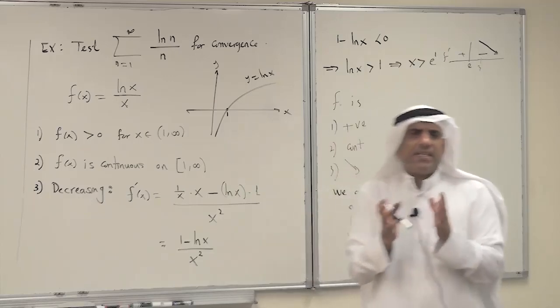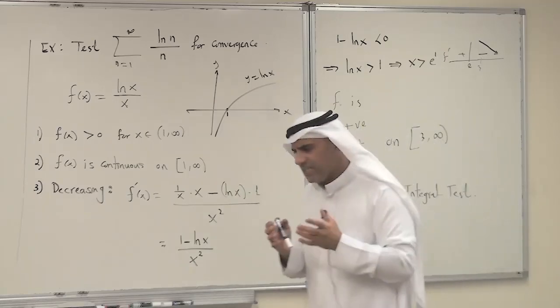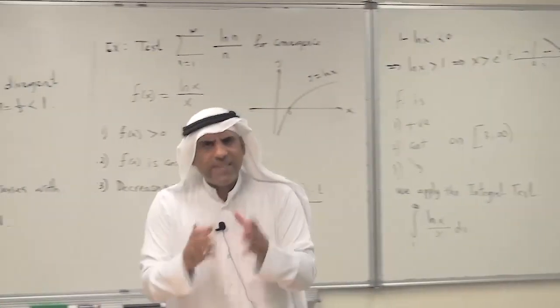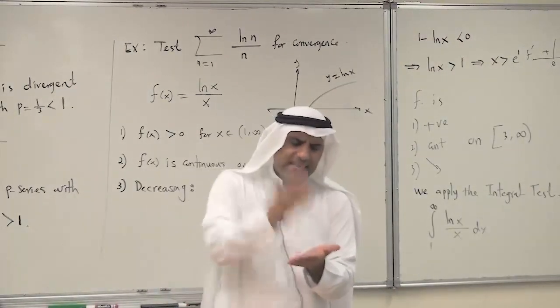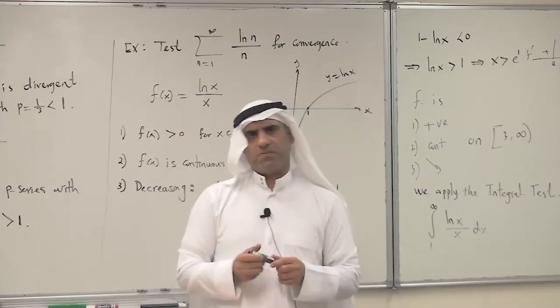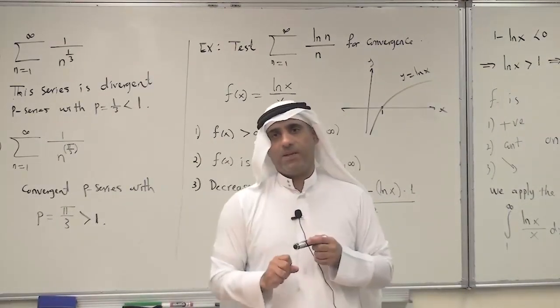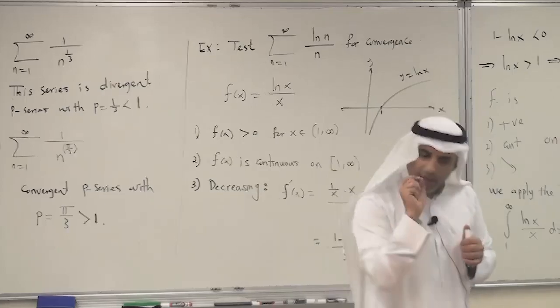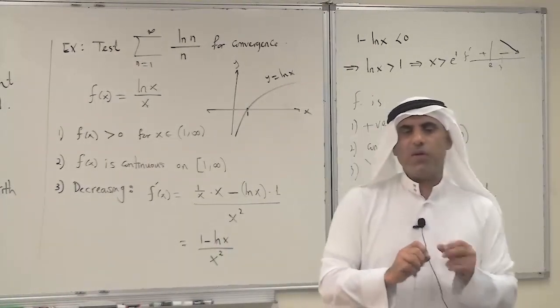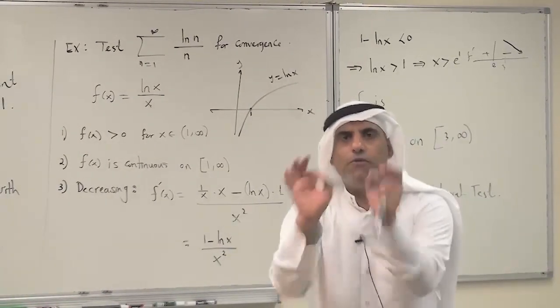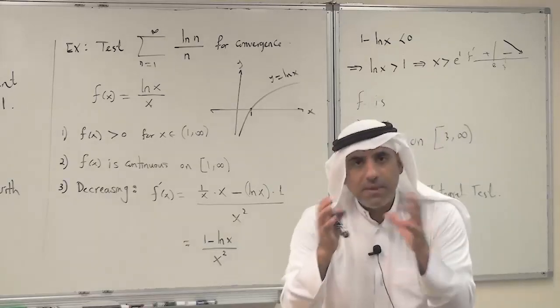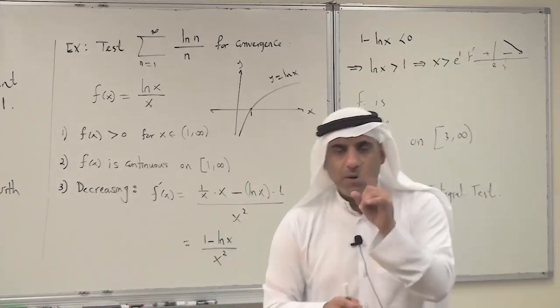In many cases, in series, you cannot find the exact sum. If you cannot find the exact sum, what should we do? We move to the second option, to estimate the sum. So the question now, if we apply the integral test and we conclude that the series is convergent, how to estimate the sum? That will be our next point.